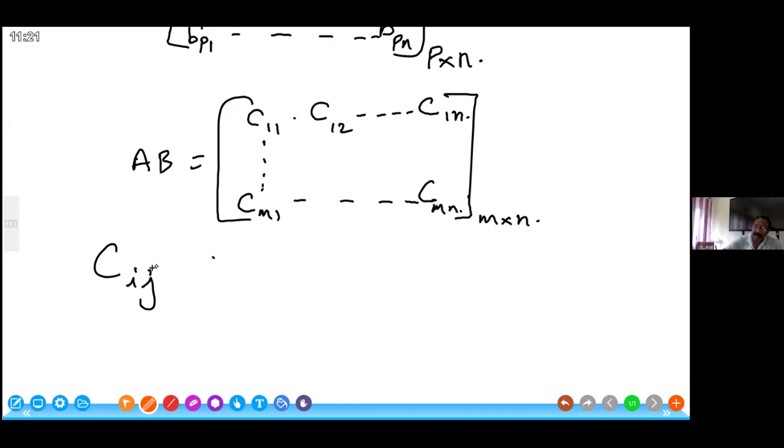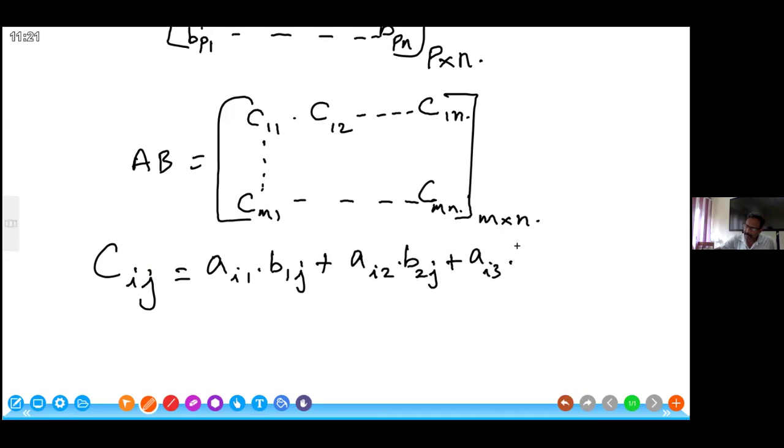That is the AB matrix, is given as Ai1 into B1j plus Ai2 into B2j plus Ai3 into B3j.